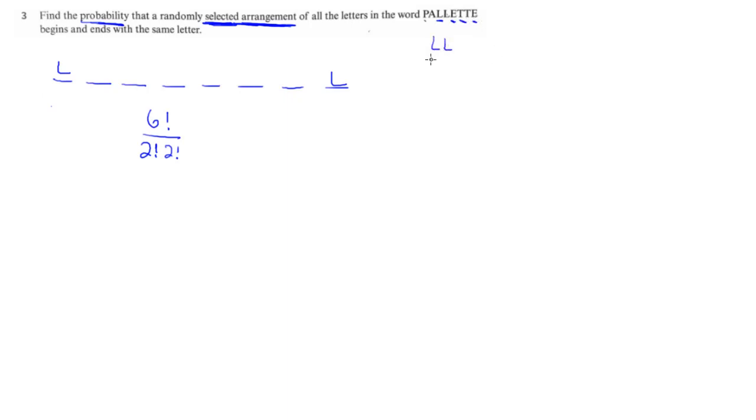So the number of ways we can arrange those 6 letters is going to be 6 factorial over 2 factorial times 2 factorial. The thing is, we can do the same thing with the E's, and then we can do the same thing with the T's, and it's not going to change this middle section. So we're going to take 6 factorial divided by 2 factorial times 2 factorial and multiply it by 3 and get 540 ways.